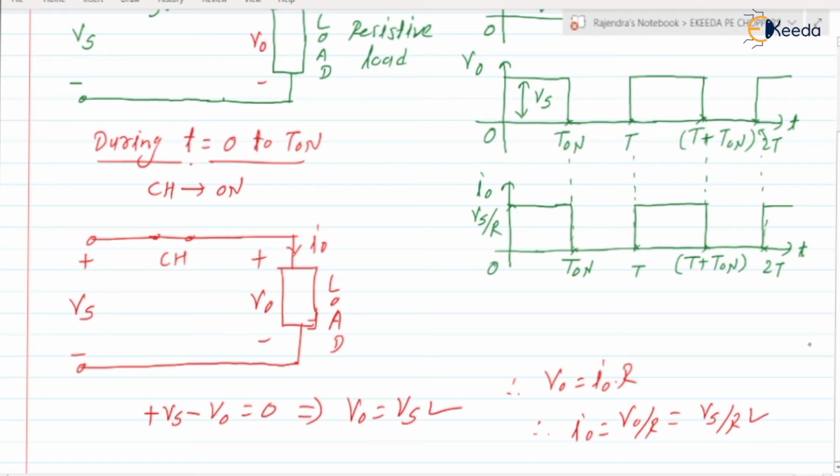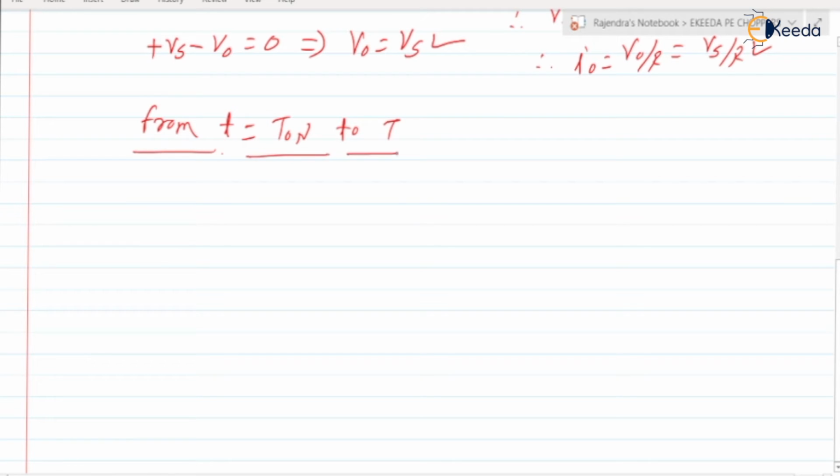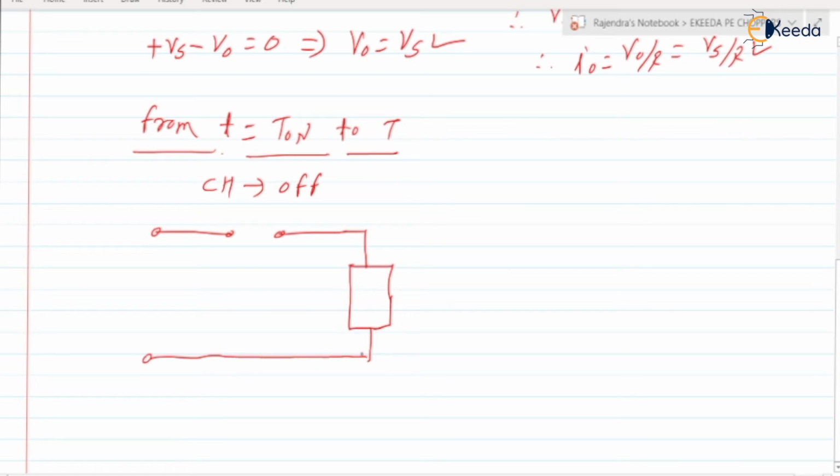Next, from t equal to t on to capital T, if you check during this interval, the switch, or chopper, is in the off state. So the equivalent circuit will be like this: the chopper is in the off state. Here we have the load, and this is the negative plate of the supply, Vs. Here we have this chopper.